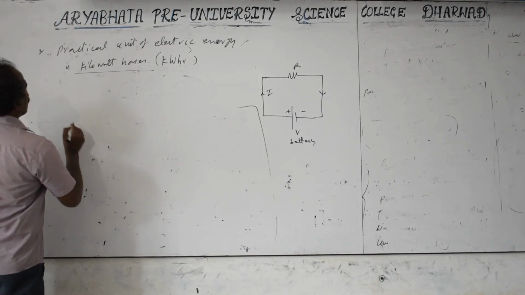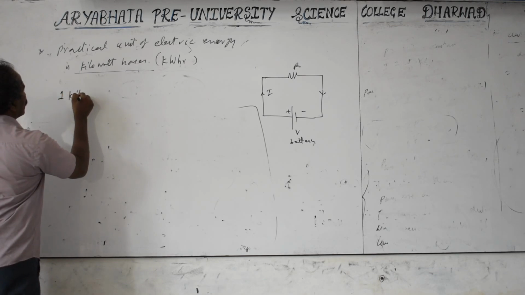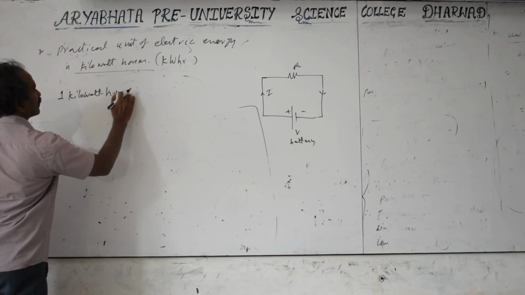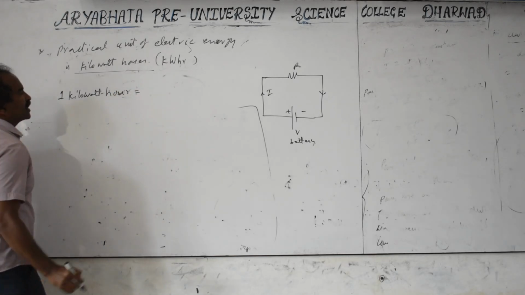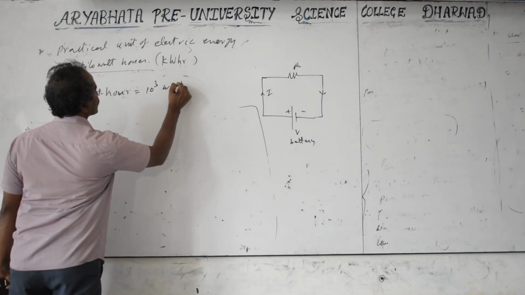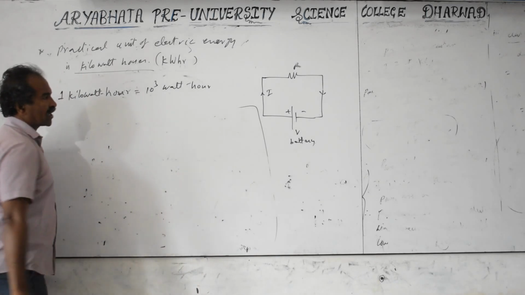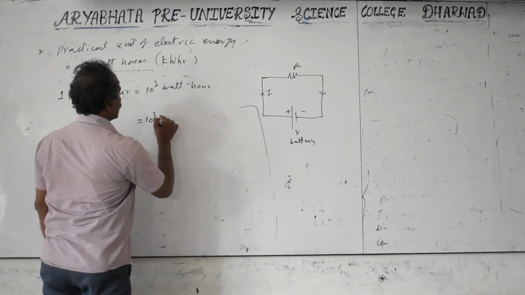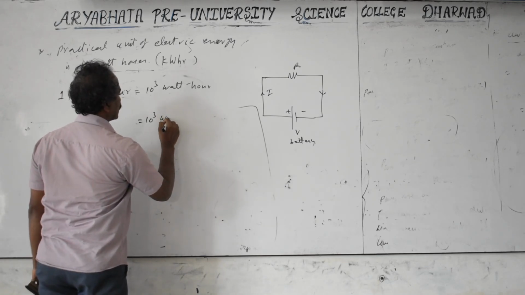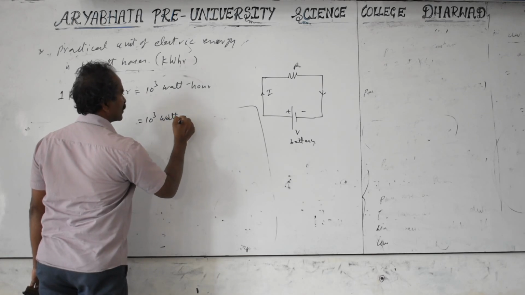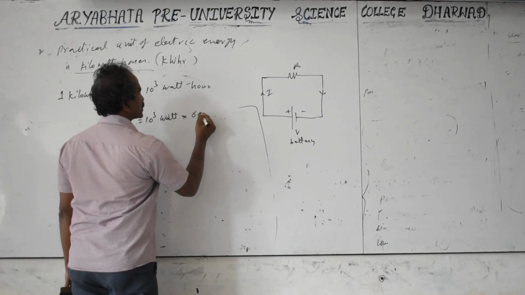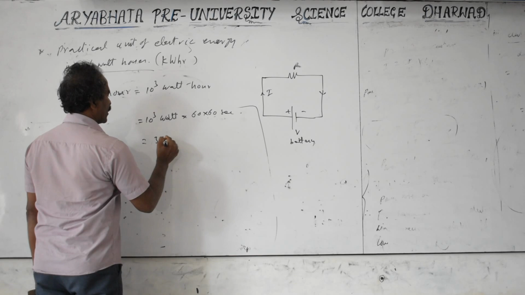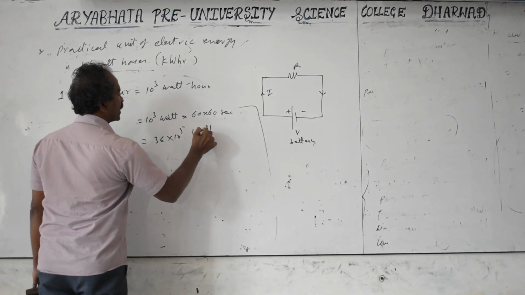And 1 kilowatt hour equals how much? 1 kilowatt hour is equal to 10 to the power of 3 watt hours. 1 hour converted into seconds is 60 into 60 seconds. So you get 3.6 into 10 to the power of 3 watt into 3600 seconds, which is 36 into 10 to the power of 5 watt seconds.